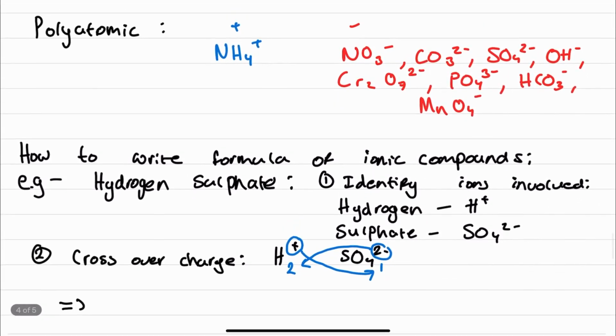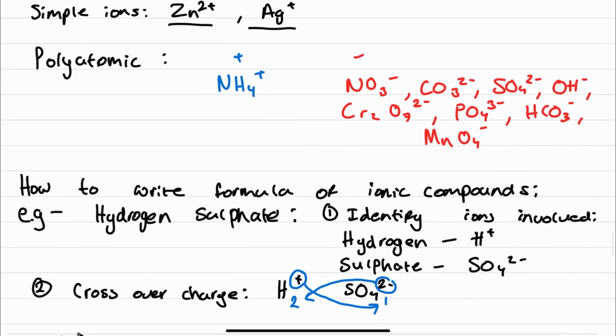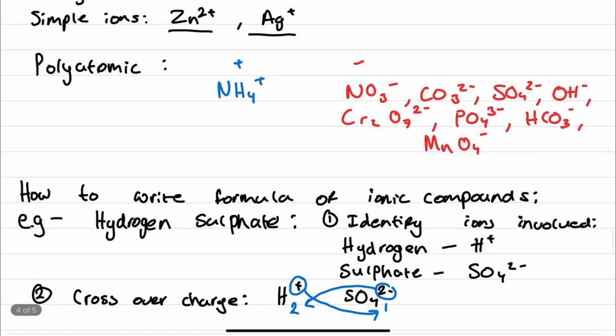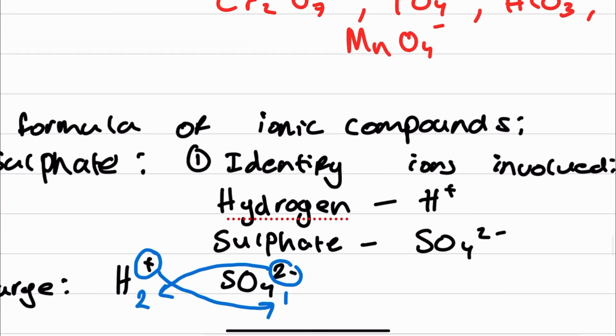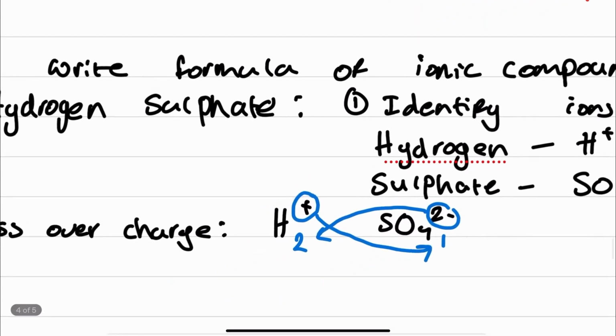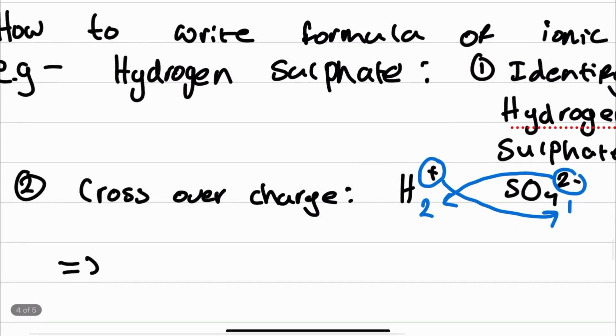Right. Now, another key thing is how to write formulae of ionic compounds. For example, hydrogen sulfate, right? So we know hydrogen is H+, and sulfate is SO4 2-. So number one is to identify the ions involved. So it's hydrogen plus, sulfate, SO4 2-. Then we use the crossover method.